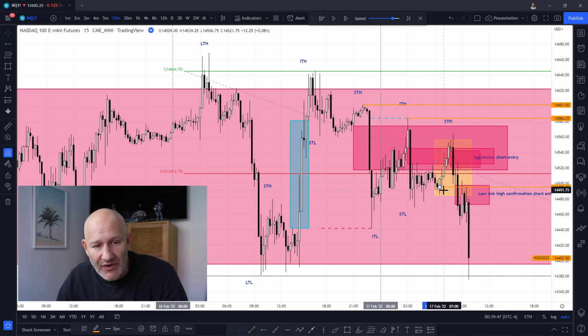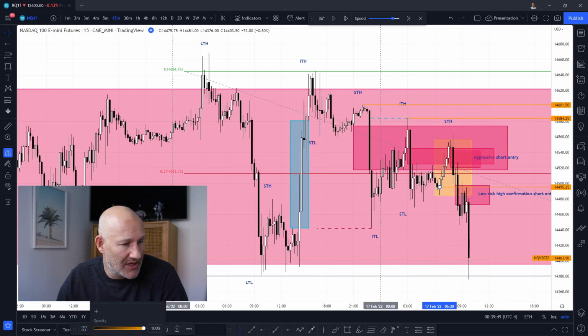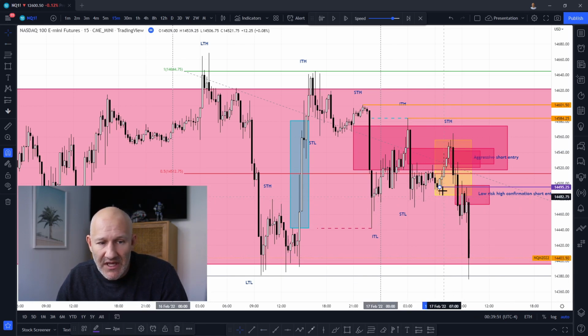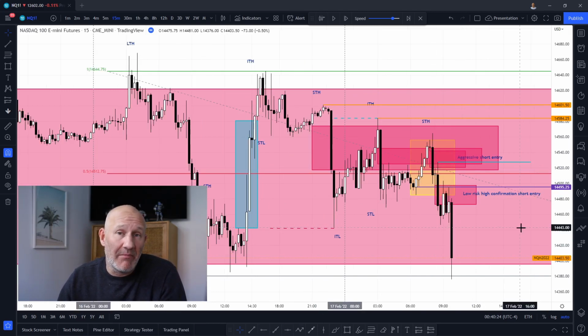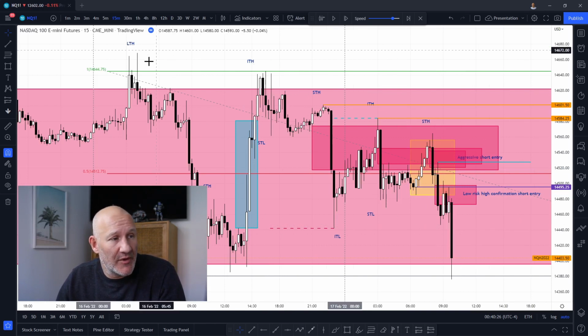So you can see if we'd use that, I'll just change that color to make it a bit easier to see. If we'd use that as our limit, you can see the market would have traded up, and that would have given us a much tighter entry because we obviously would have had our stop sitting up here at the top of this candle just here. And so this would have been a much lower risk entry because obviously we've had all of this market structure formation occur.